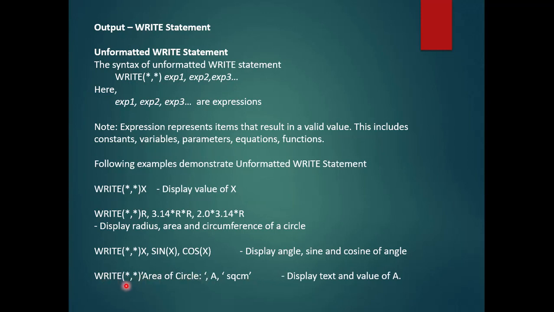Similarly, write star comma star. I have written here in single quotes 'area of circle', which will display the text. Then comma, you have the value of a, and then the unit of it, which I have written in single quotes. So this is how the unformatted read statement as well as the unformatted write statement is carried out.